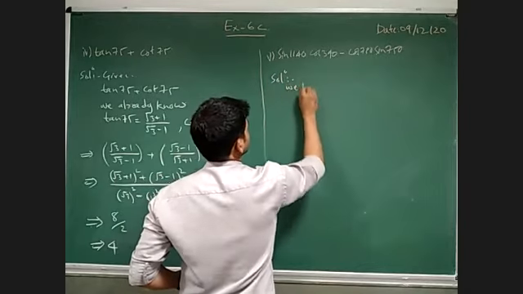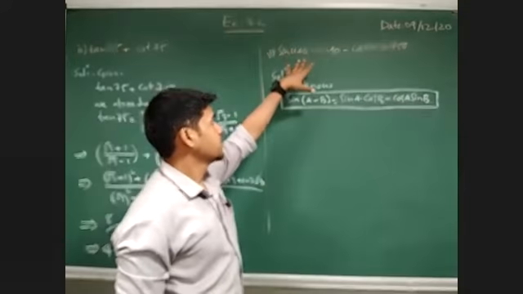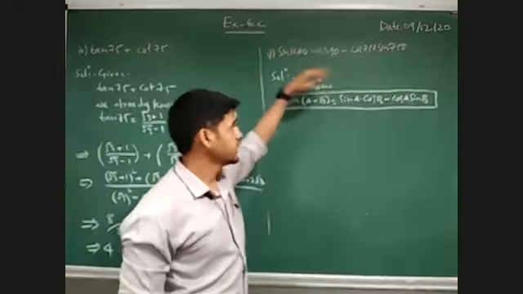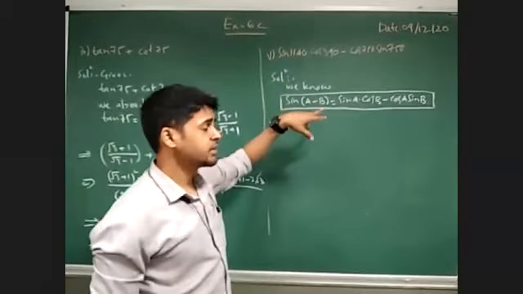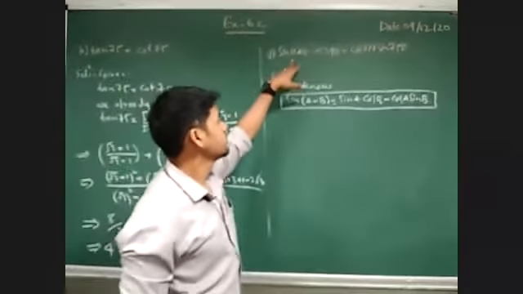Now we are going to make this big term into this form. Already this question is in the form of sine(A minus B), but we are going to change the values, like sine A, sine B.